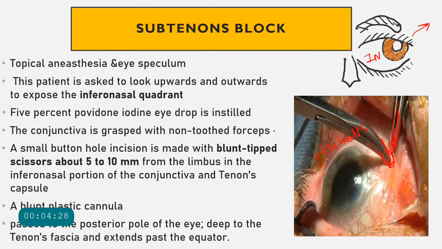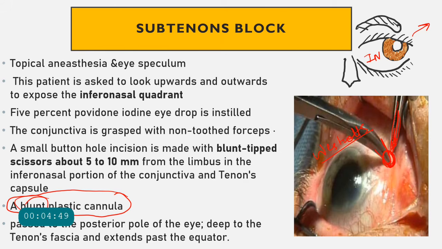You use the scissors to make a nick, make a hole through the conjunctiva and Tenons, and through this opening you enter the subtenon space. In order to reach the subtenon space, you use a blunt plastic cannula. What I want you to notice over here is the word blunt.